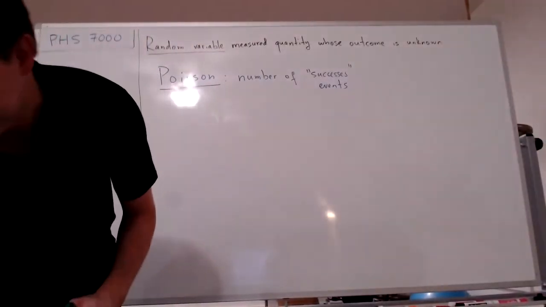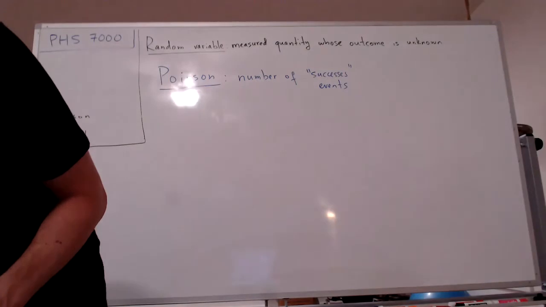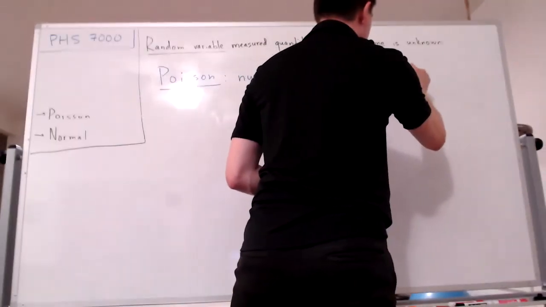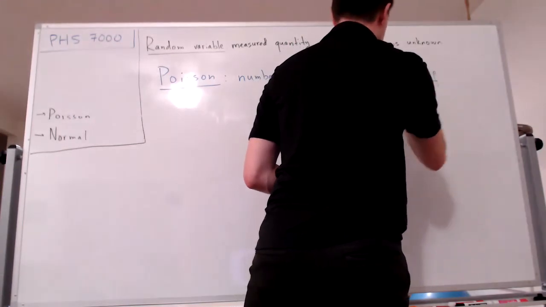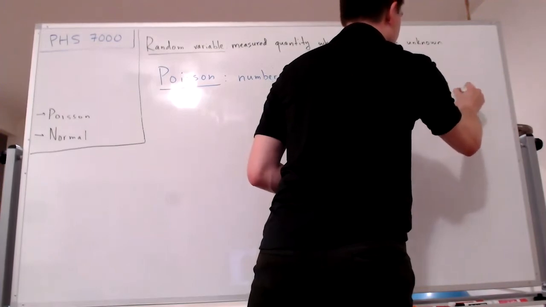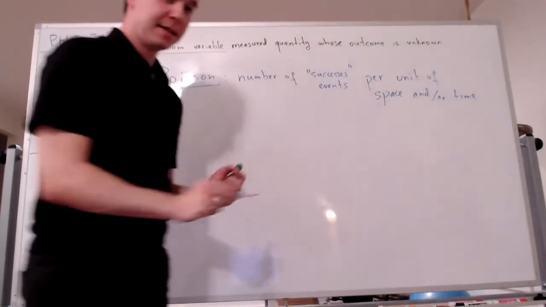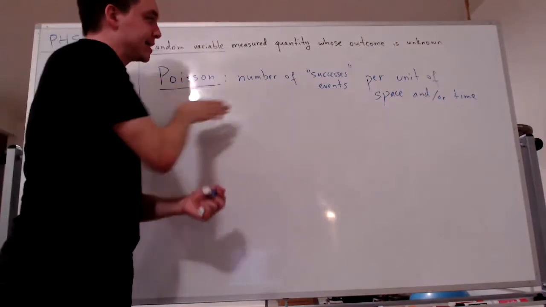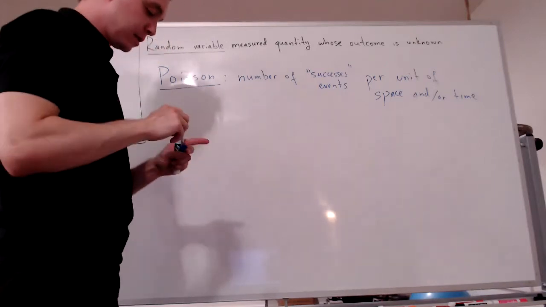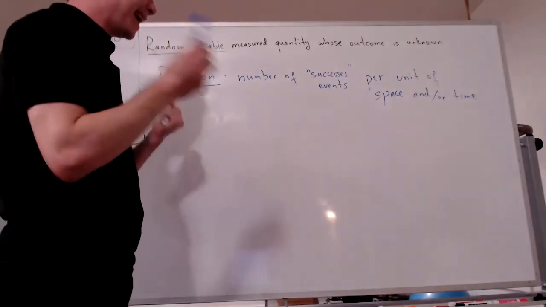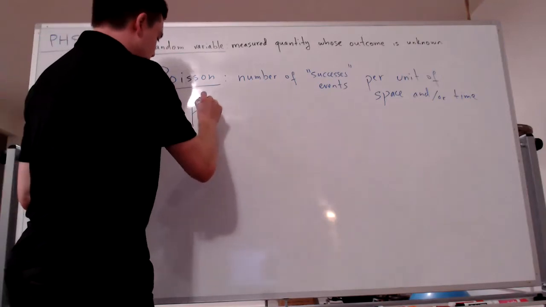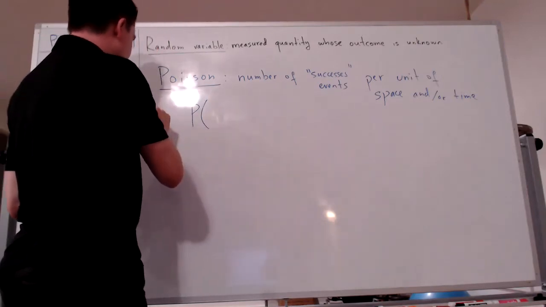Some number of events per unit of space and or time. Notice nowhere in here is there some number of trials, no n. But it is still a count. All right. We have a distribution equation.